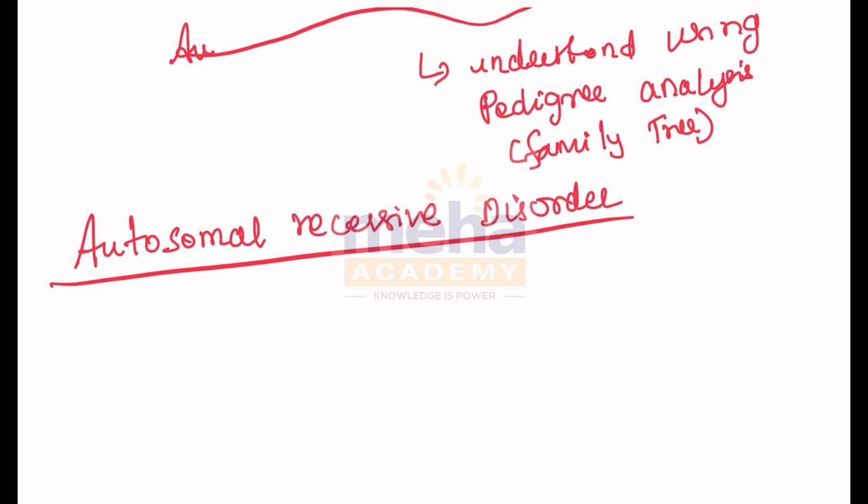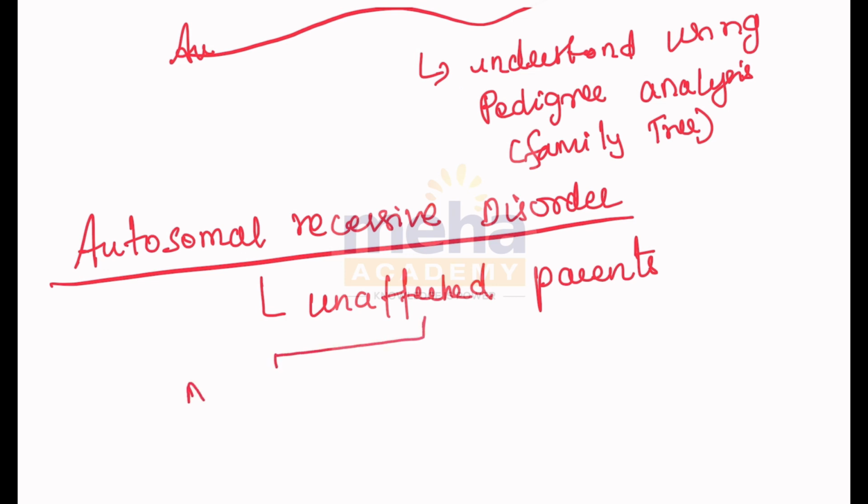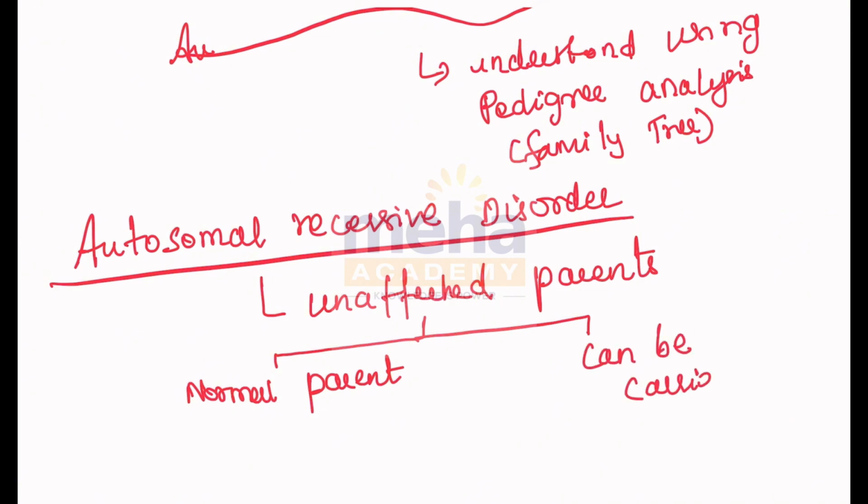In autosomal recessive disorder, we first have unaffected parents. Unaffected means they can be a normal parent, or they can be a carrier also. Both ways they are not affected.